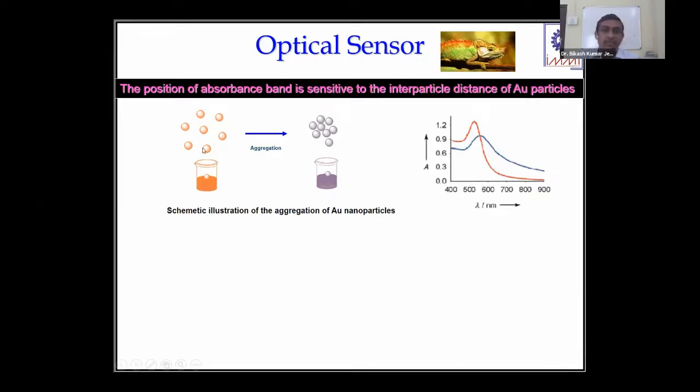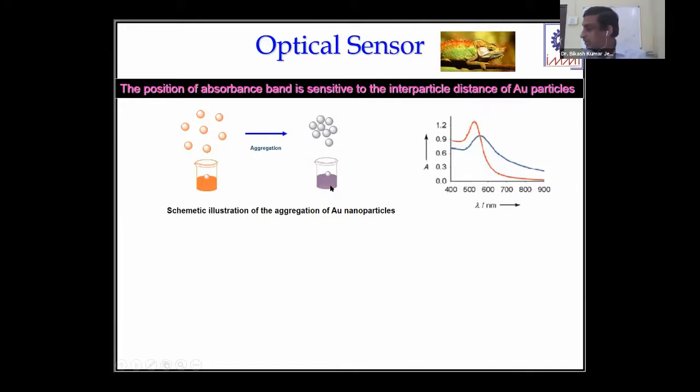This gold nanoparticle shows a wine red color because the nanoparticles are dispersed inside the water at a certain distance. But you can change their interparticle distance, and that changes the color.